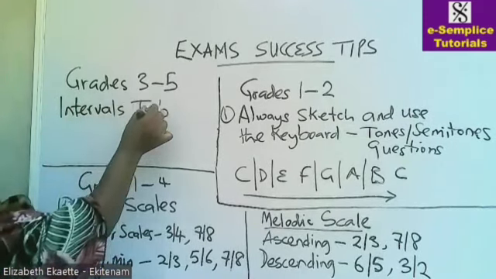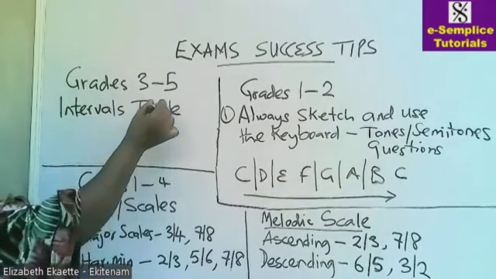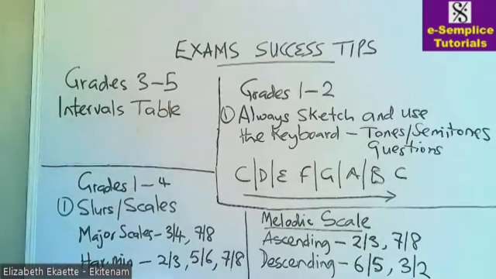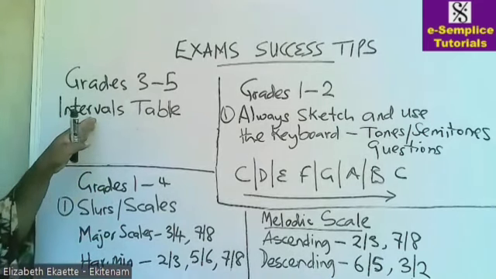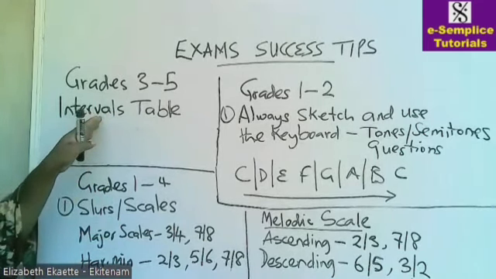And you know what that table contains? It will show you the number of the interval, the number of semitones contained, and the quality of the interval, whether it is a major interval, a minor interval, a diminished interval, or an augmented interval. So you need to practice writing that table. It is key in your grade.